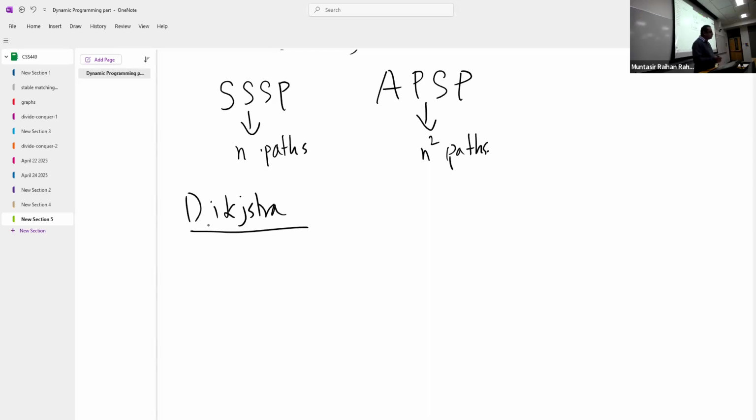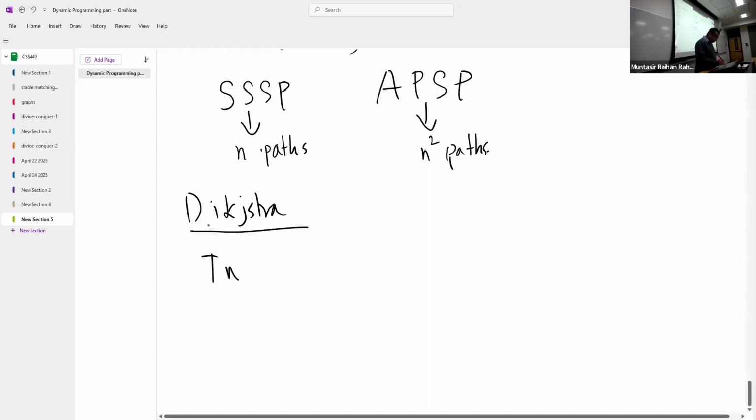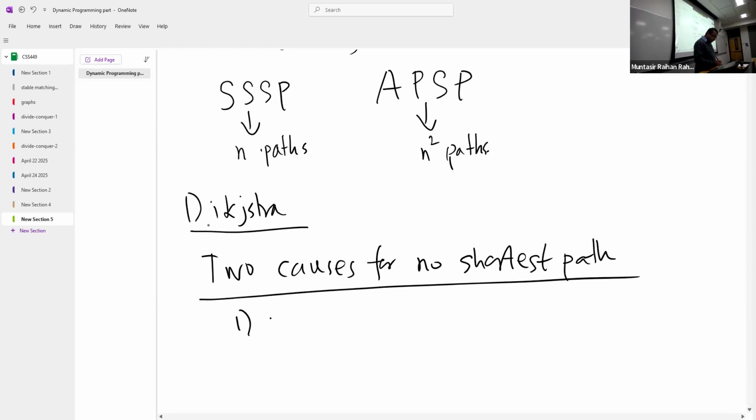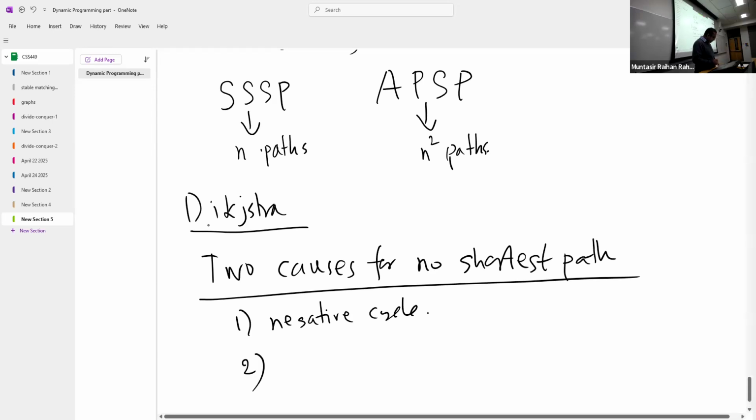In general, there are two causes for no shortest path. One is a negative cycle, and I'll give an example of that. And there is another one. Can you guess what the other one is?